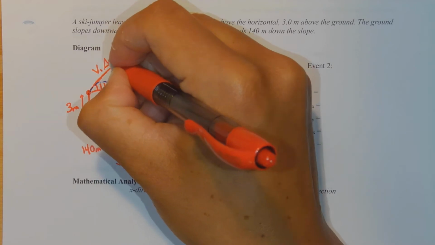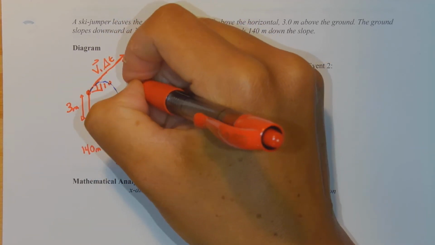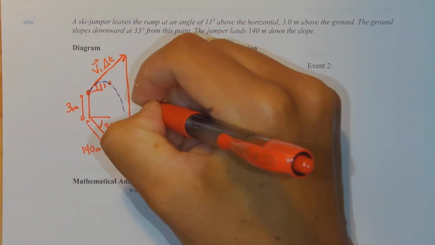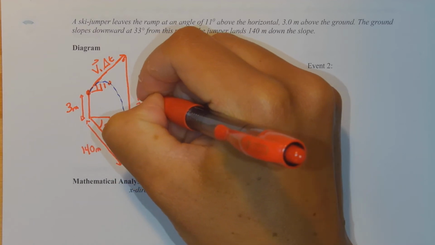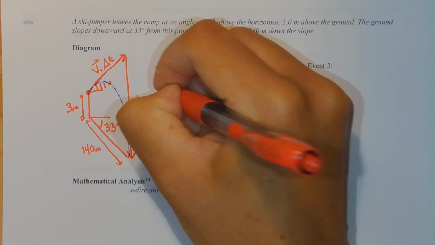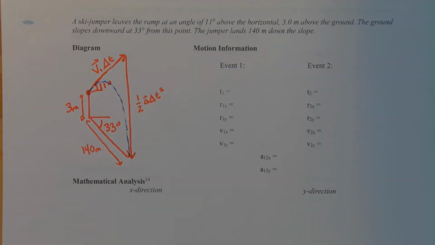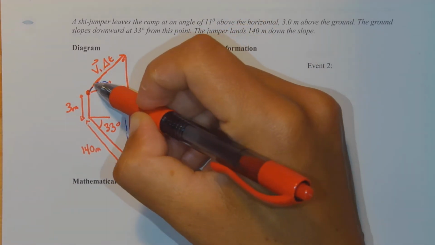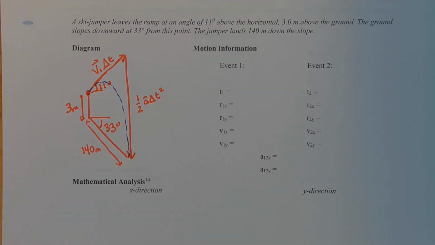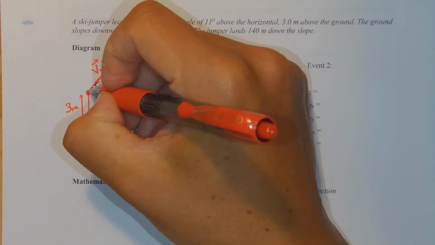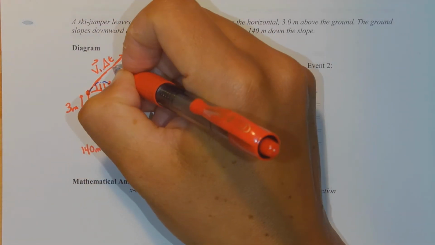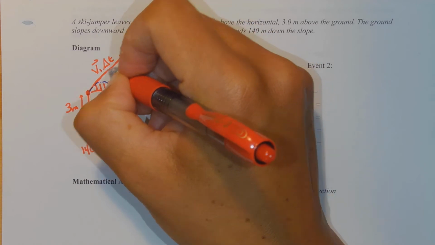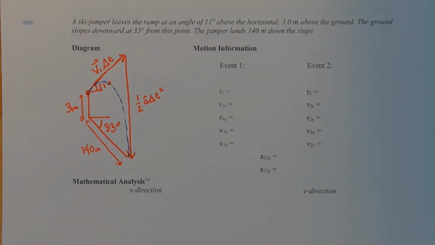So this is v1 times delta t, and this vector going straight downward, that's 1/2 the acceleration times delta t squared. This is the path that the skier follows, and this is the direction of the initial velocity. Because the skier is accelerating downwards, the path that the skier follows is always beneath the initial velocity vector after the first point.